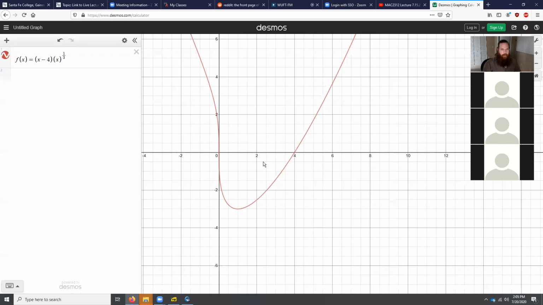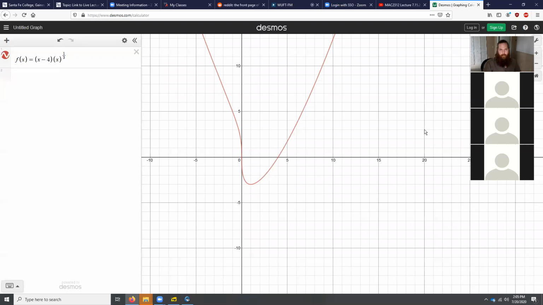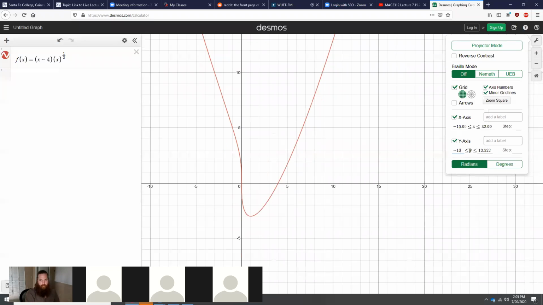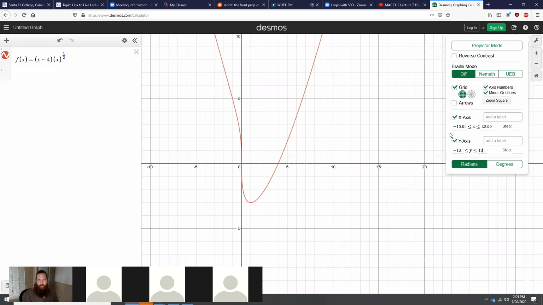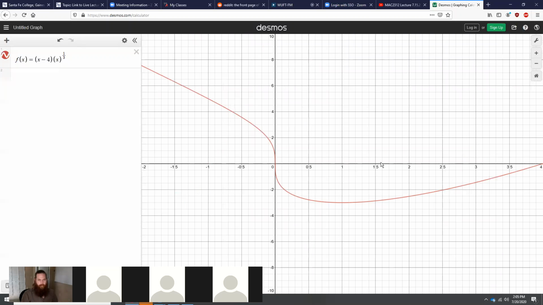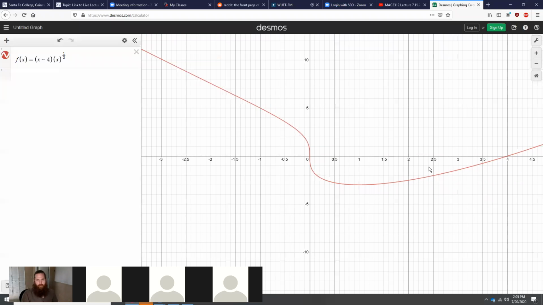We can rescale our axes, because right here they have the x and y scales set to the same. So if I scale this from like negative 10 to 10, and I scale this from negative 2 to 4, you see that same shape I have. Neat, right?